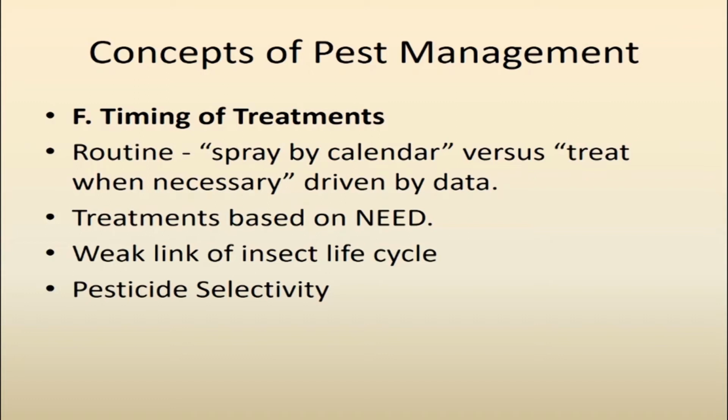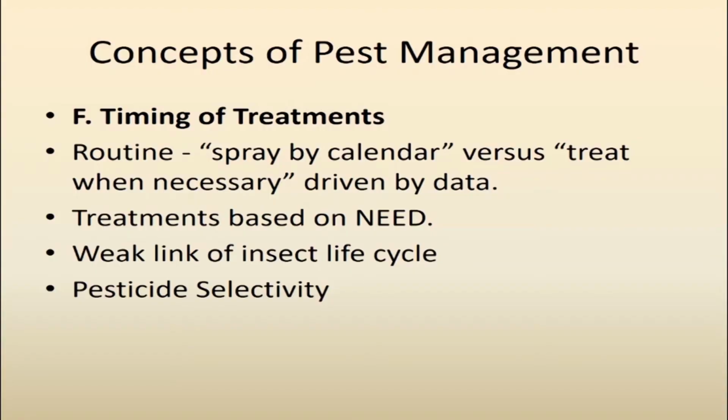And this treatment should always be based on need, and the weak link of the insect life cycle should be identified. For example, the nuclear polyhedrosis viruses will be active in the later part of the larval stage, and they will not be active in very young larvae.